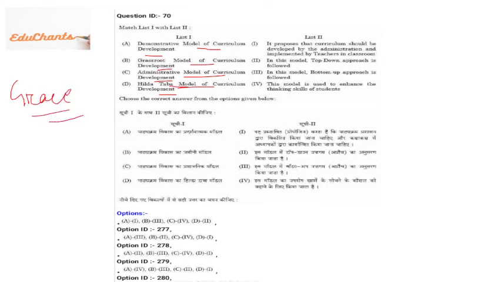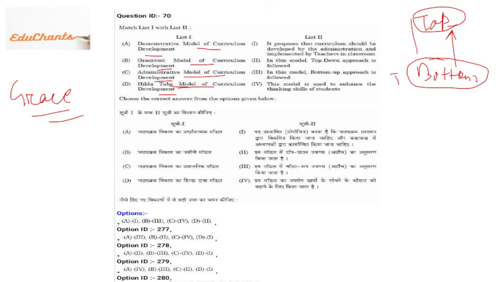Because the Hilda model is known as the bottom-top approach, from the ground level to the upper levels, from the classroom teacher to the administrator. Again it is asking about the grassroots model. B, grassroots model, and D is also the grassroots model given by Hilda. So definitely it is a controversial question. That is why grace marks were assigned. The question itself is wrong as well as the options.